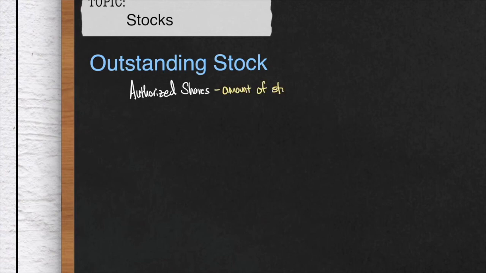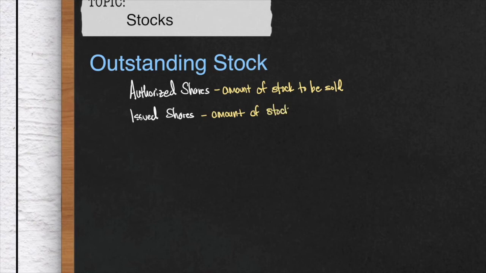Authorized shares are the amount of stock to be sold. And that's usually determined by the board of directors. They'll authorize a certain number of shares to be sold in the future. Now, do all those shares get sold? No. It's just a total amount that is allowed to be sold by the company or issued.